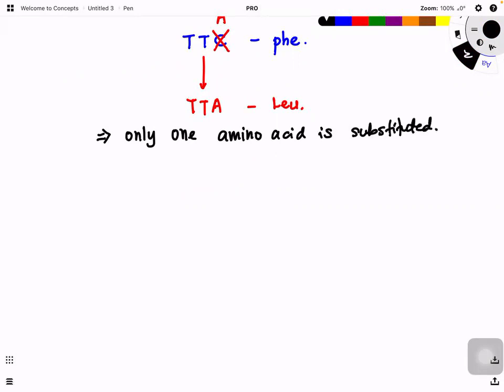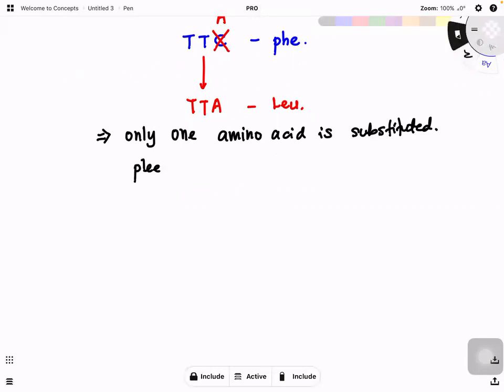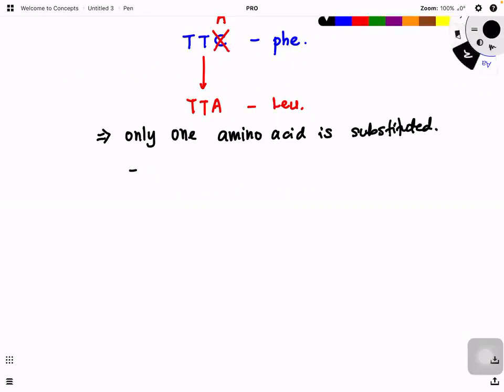In this case, phenylalanine is substituted by leucine. Because of this, the polypeptide may not fold into the precise three-dimensional shape. Are you clear? It's not the original shape anymore. So the protein or the enzyme may lose its function.